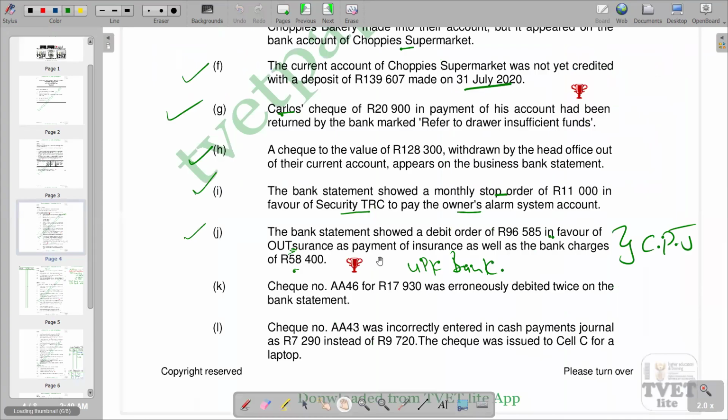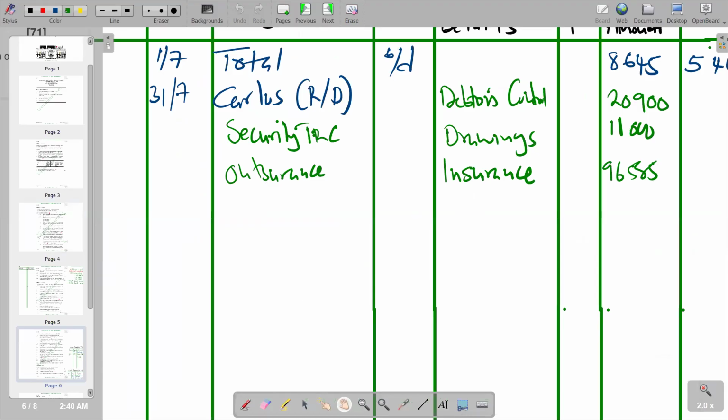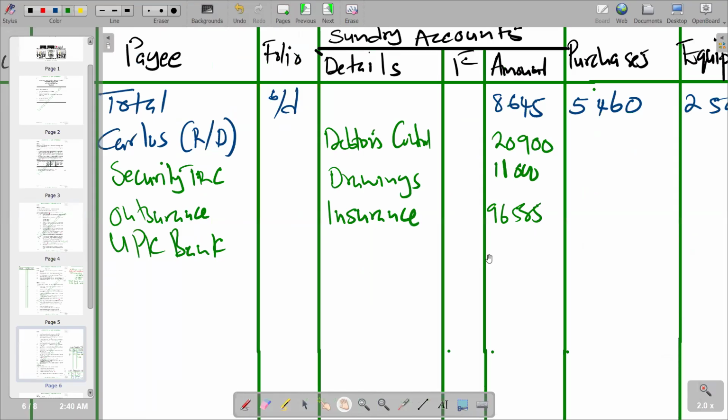Then we have another one. The other one is bank charges, which is for UPK Bank. So we go there and we are saying UPK Bank. These are bank charges, but we have a column for bank charges, remember, which is here.